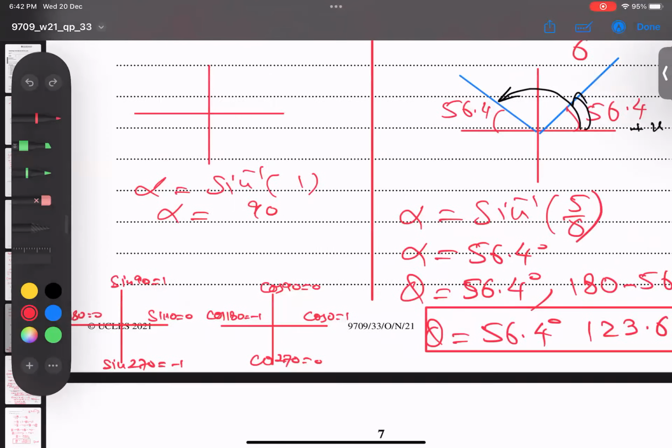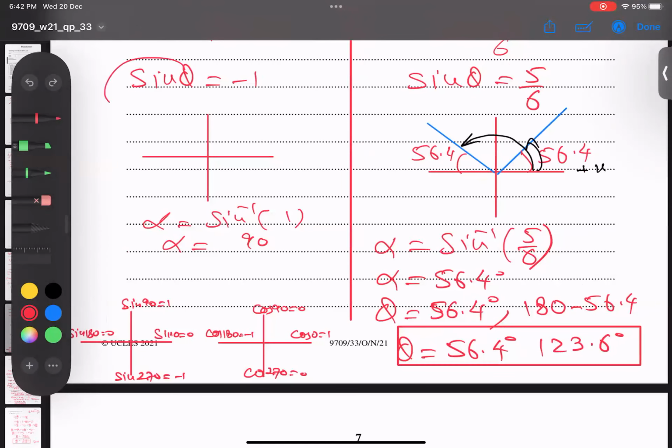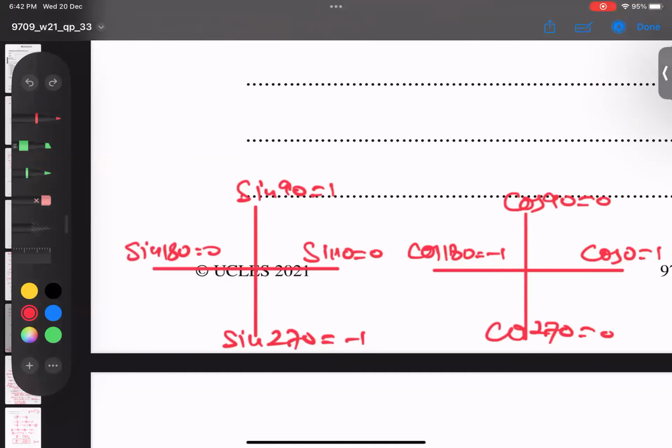It means the calculator will flop here. The calculator will not give you the answer. Even if you type negative 1 or plus 1, negative 1 gives you negative 90 and plus 1 gives you plus 90. It means this method will flop here. Your calculator will not give you proper help. This is the most technical point. It means you have to memorize these two crosses.